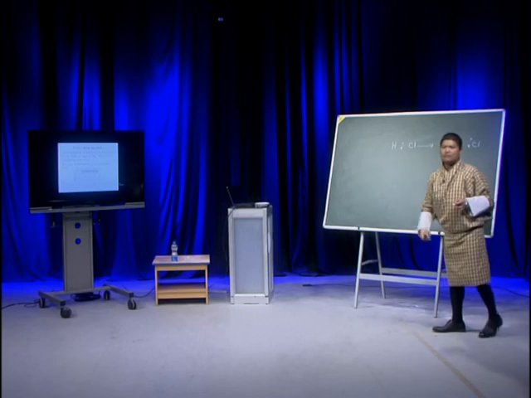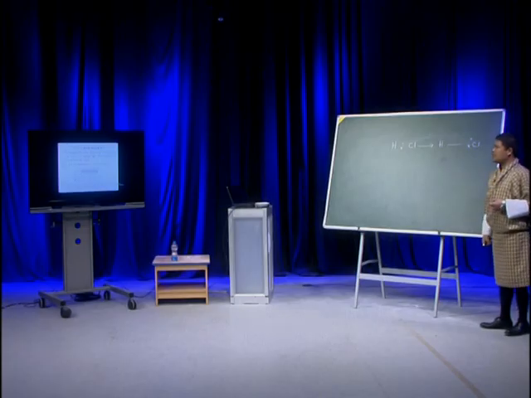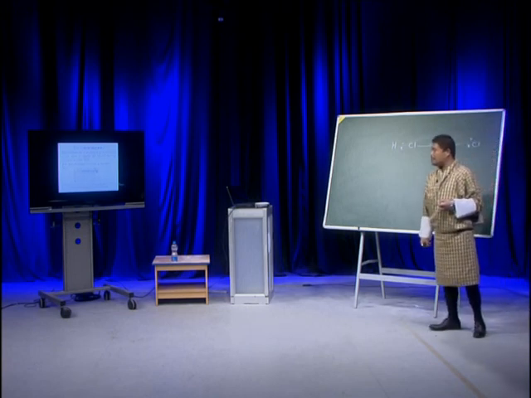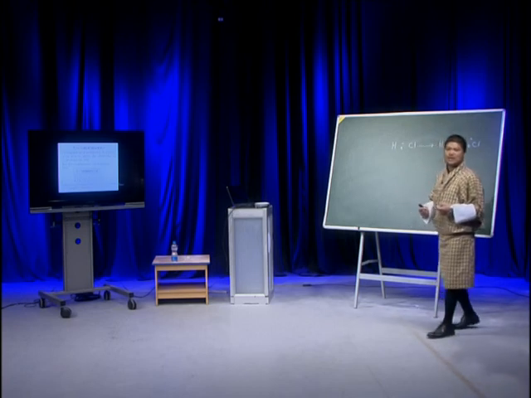So let me read out the definition. Electronegativity of an element is the tendency of its atom to attract the shared pair of electron towards itself. So we see that here chlorine has attracted the shared pair of electron towards itself. So this is electronegativity.